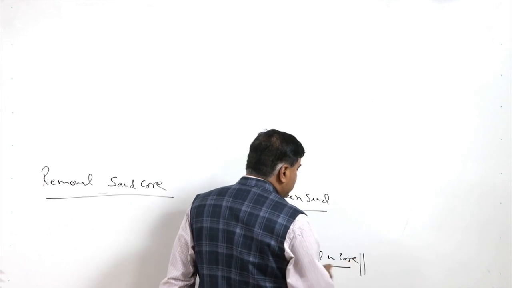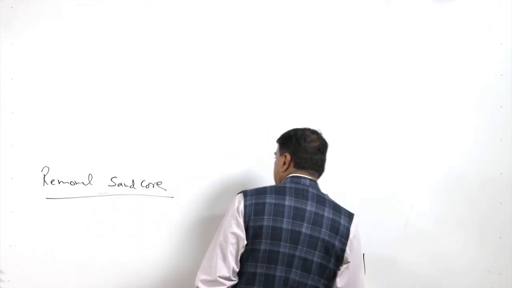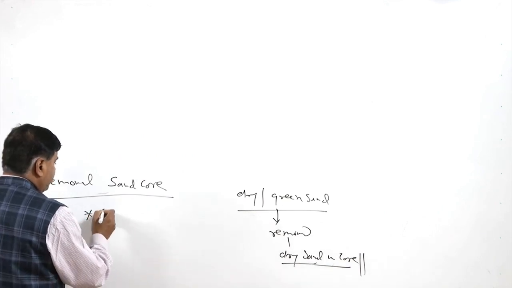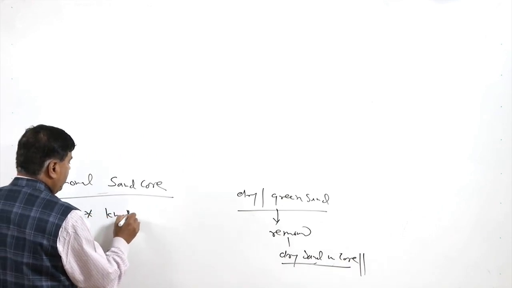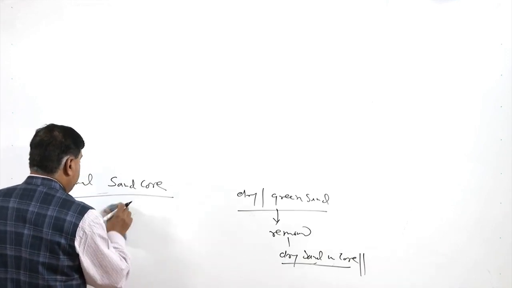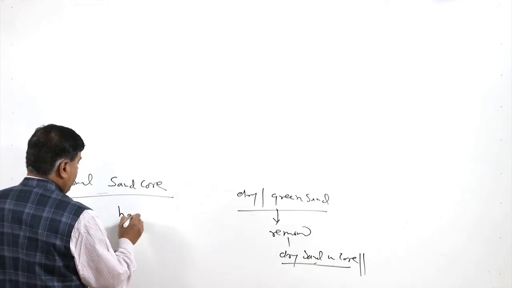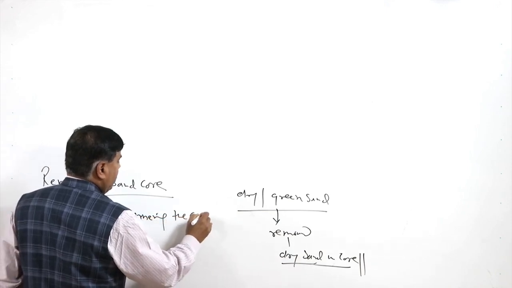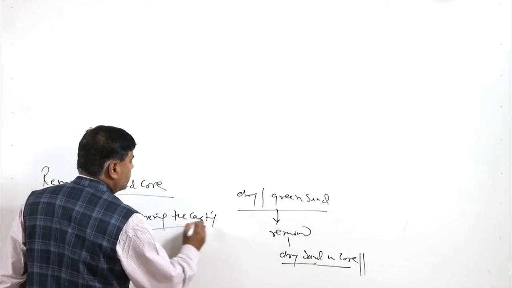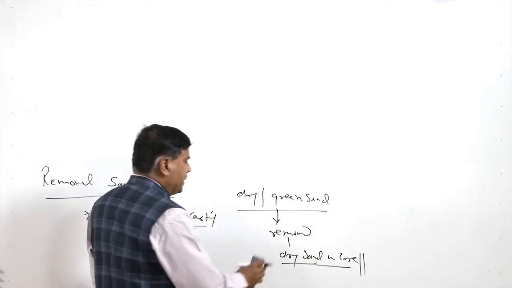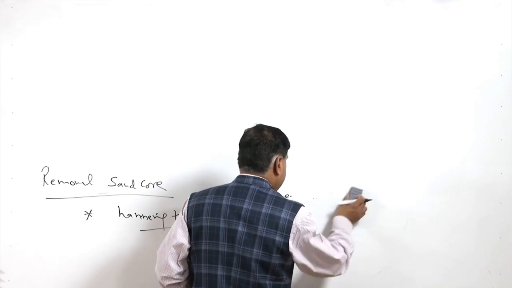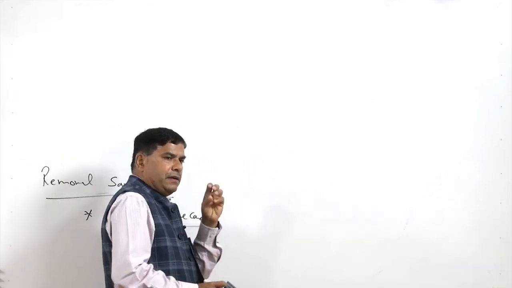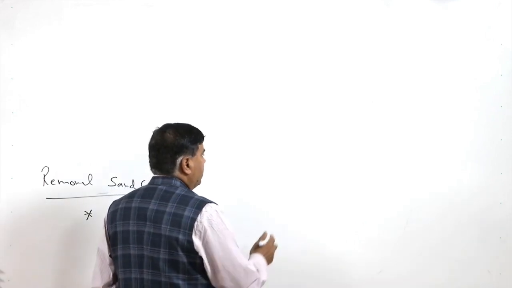So basically, the breaking of the mold, the removal of the sand core, is achieved by knocking off, by hammering the casting. This is one method, so that the sand core automatically comes out of the internal features or the holes which have been made.